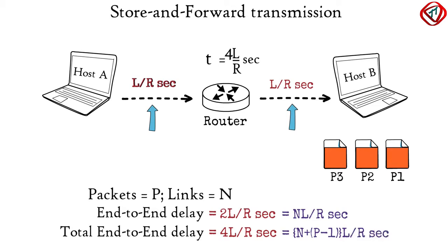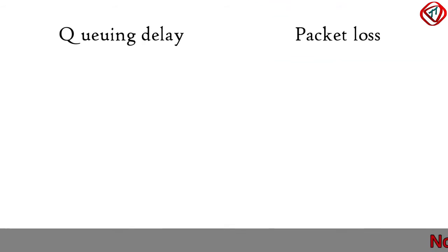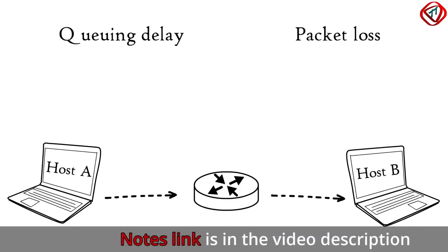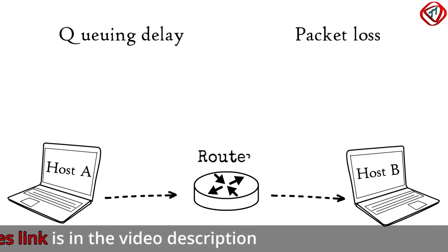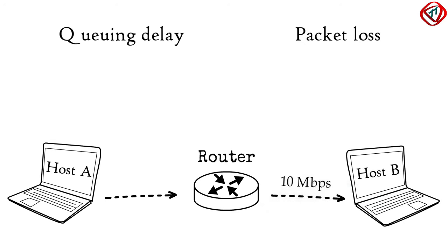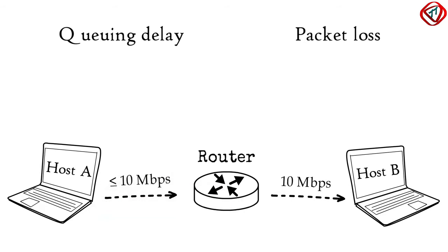Along with this store and forward delay, queuing delay and packet loss may occur. Suppose the host A is sending a file to host B via a packet switch. The router is sending data to host B at a transmission rate of 10 Mbps. Till the host A's transmission rate is less than or equal to 10 Mbps, no queuing will occur.